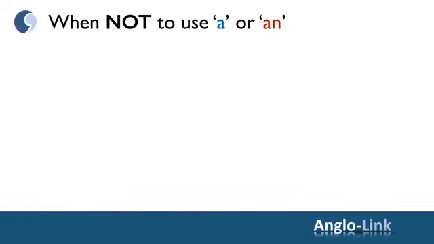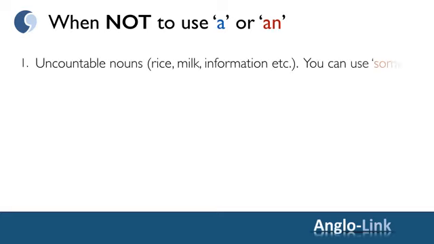Okay, let's have a look at when you must not use a or an. Don't use a or an with uncountable nouns. For example, rice, milk, information, etc. You can use some. For example, I ate rice yesterday.